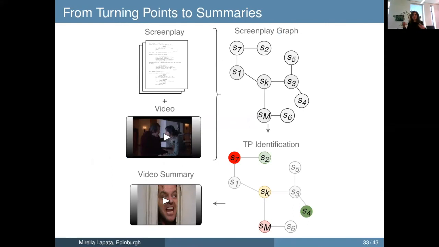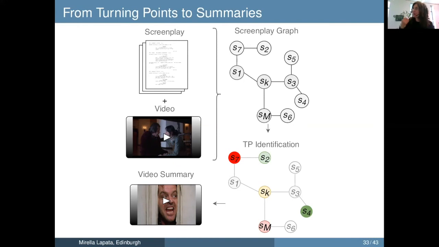Okay, so this is an overview now. This is conceptually a simple system. We have the screenplay and the video. We will take this screenplay, which has scenes, and turn it into a graph. And once we have this screenplay graph, we will use it to produce predictions about turning points.